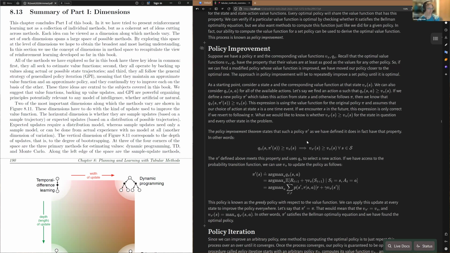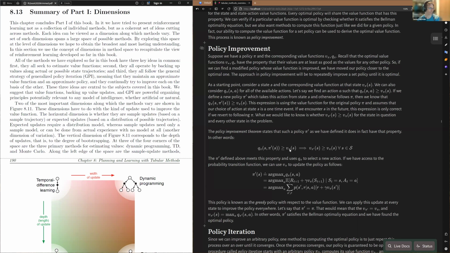And again, the insight into doing this comes from the Q function. If we start with a given policy, pi, and we have the Q values, we can look at the Q values and ask: what if at a particular state we identify an action that produces a higher value than this V?